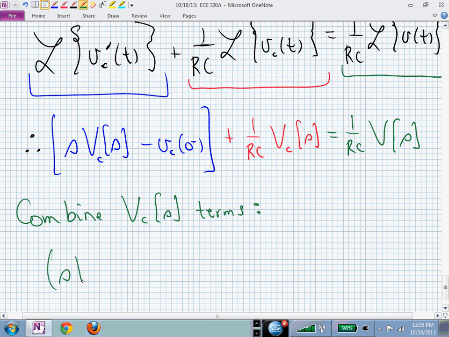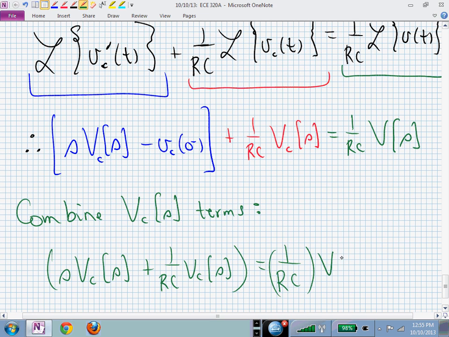Meaning we have an s V sub c of s, and we have a plus 1 over RC V sub c of s. And let me push everything else on the other side. I have the source term, 1 over RC V of s, plus the initial condition. Just algebra.